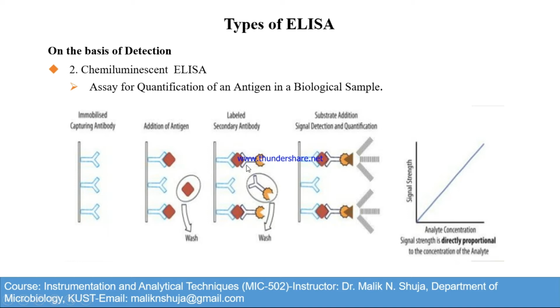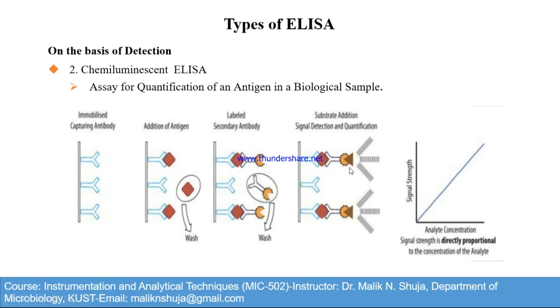Now, addition of the secondary antibody, which is enzyme linked, I have already discussed. These different types of enzymes are linked with the secondary antibodies, and addition of substrate produces a specific signal. So this indicates that when there is a complex, there will be emission of light.